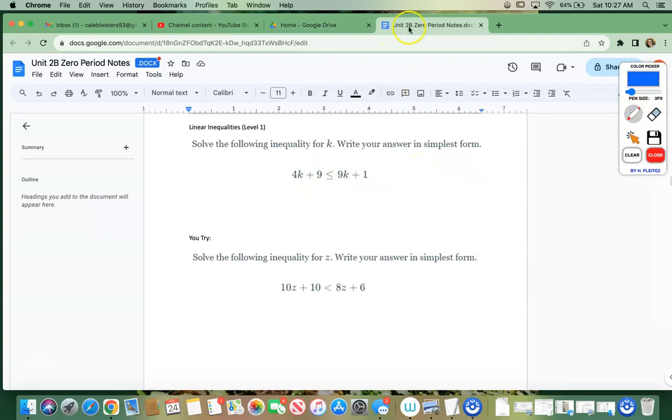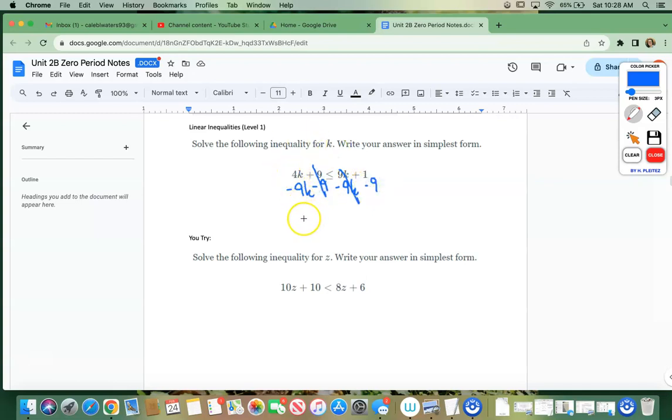What I've found over the years is that students are almost always more comfortable with the variable being on the left. So I'm going to move this 9k over to this side by subtracting it. That cancels that out. I'm also going to move this 9 over to this side by subtracting it. So I'm going to subtract this 9, subtract this 9.